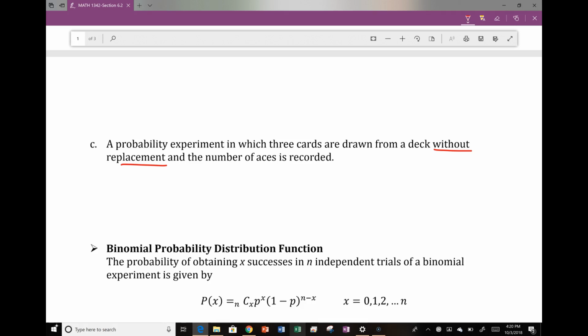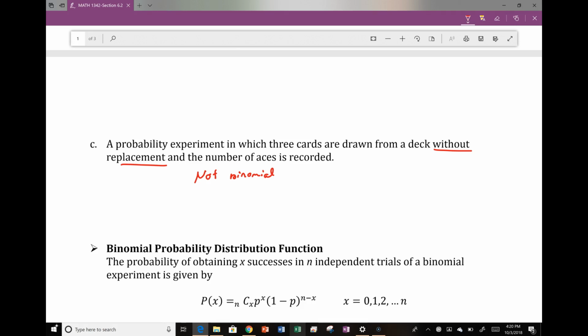If the probabilities are not the same, we no longer have a binomial. So this is not a binomial, since we don't have the probabilities being the same for each possibility. These are not independent events.